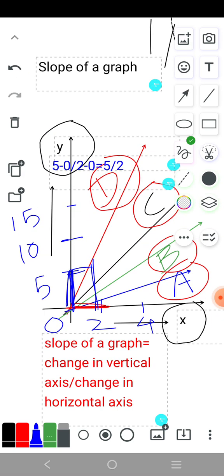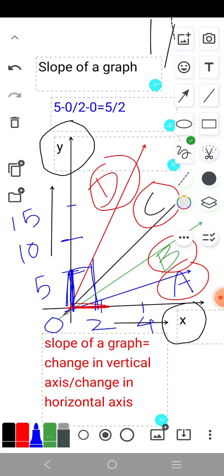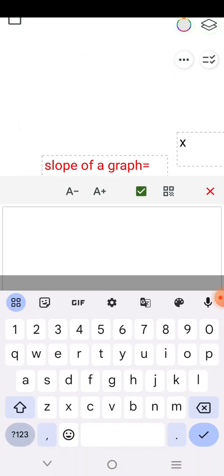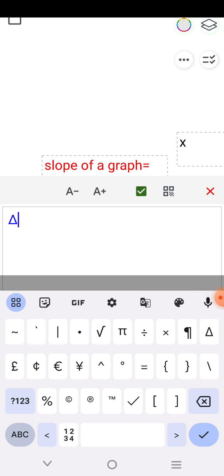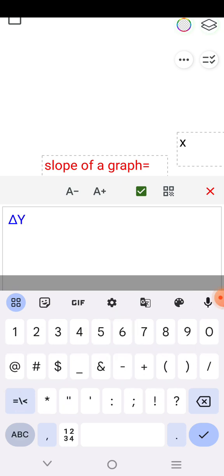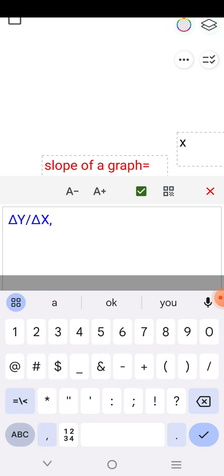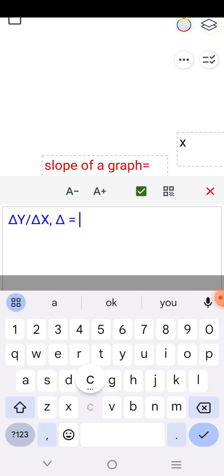That means the slope formula in an xy graph will be change in y axis, meaning vertical axis, divided by change in x axis, where delta means change. The easiest method to determine the slope is change in vertical axis divided by change in horizontal axis.